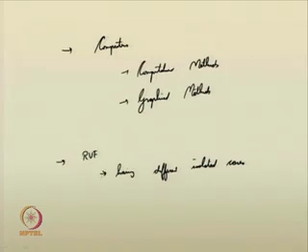For example, they consider the hydraulic jump entirely as a different phenomenon. Flow over a spillway they consider as a different phenomenon. They may have a different approach for each solution. You cannot have a general solution that will solve flow over a spillway as well as hydraulic jump as well as flow under a sluice gate. So, you have to analyze each in an independent way.